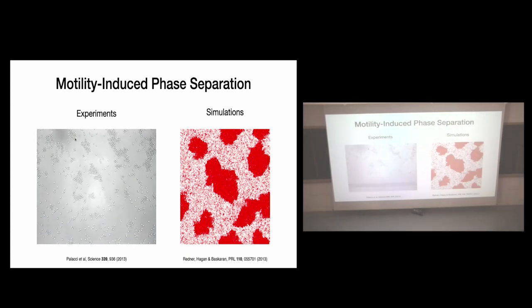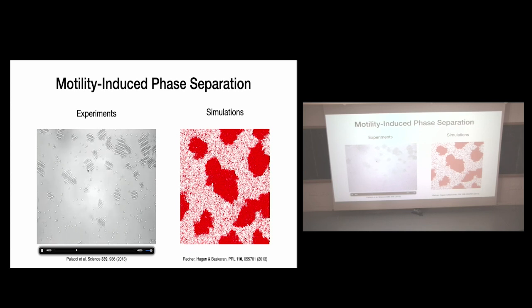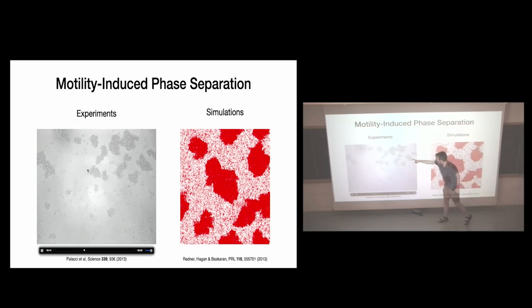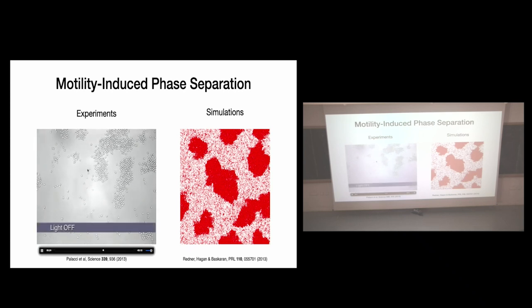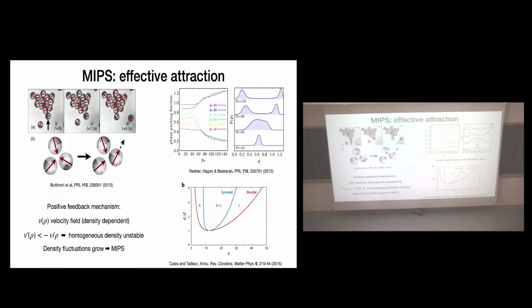This again is the movie that Silke has shown before. You have particles that are activated by light, and the moment the light shines, you create these clusters where the particles merge. This is also what you see in simulations, like the one on the right, where you have the coarsening that forms clusters of self-propelled particles.